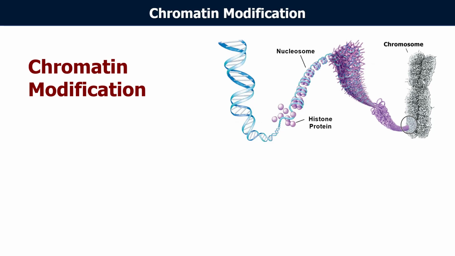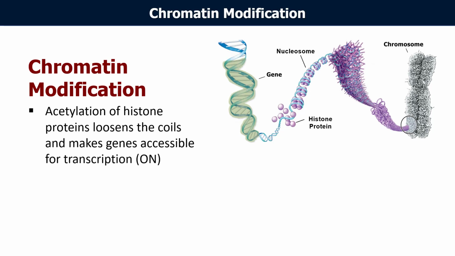So there's a lot of stuff going on there. And of course, along the way, we have the genes, regions of the DNA that encode particular proteins. But as you can imagine from this picture, those genes get buried within the nucleosomes and within all that compacted DNA in the chromosome.